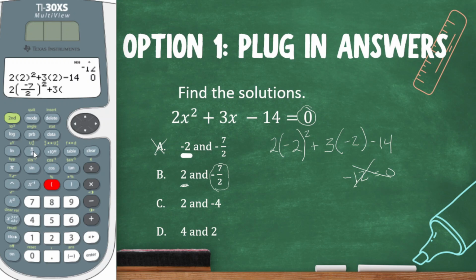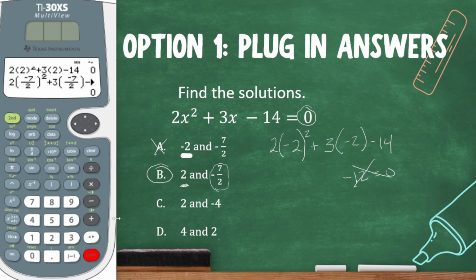I've got to press that fraction button again. -7/2. Right arrow, close the parentheses, minus 14. And it's giving us 0 again. So since both of those give me a true number sentence, B is going to be my correct answer.